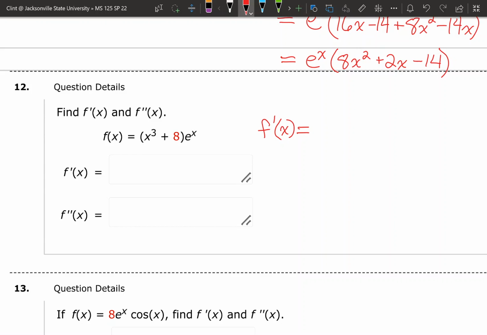So let's see, the derivative of the first term, so that's 3x squared times the second term, e to the x, plus first term, x cubed plus 8, times the derivative of the second term, which is e to the x.